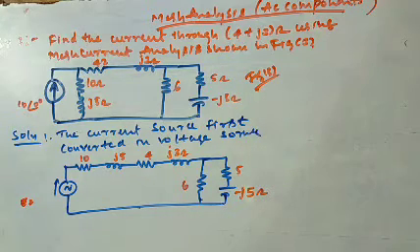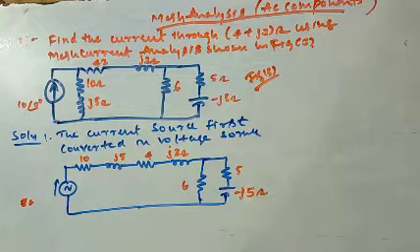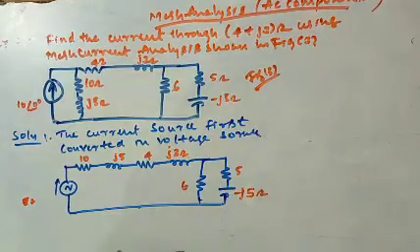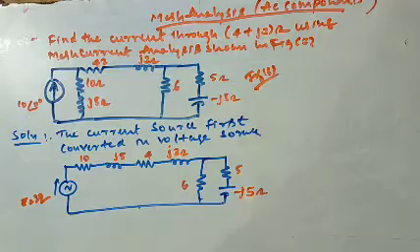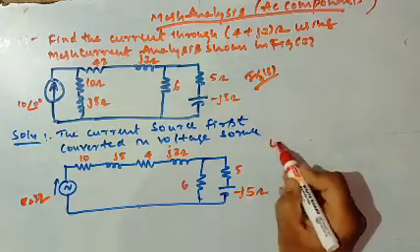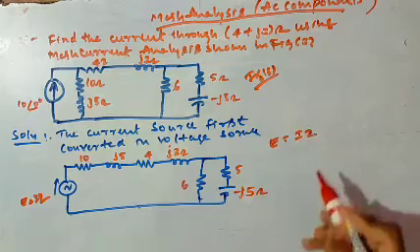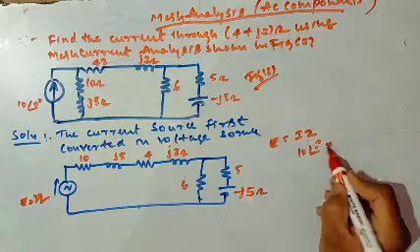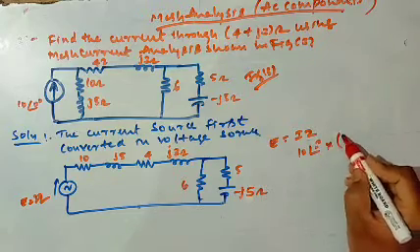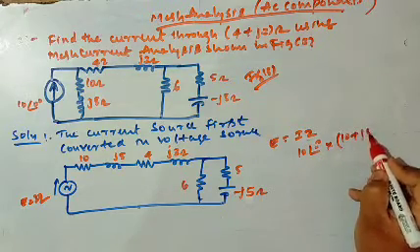We know the formula for the conversion of a current source into a voltage source: E is equal to I into R, or here it is I into Z. I is 10 at an angle of 0 degree, multiplied by the impedance, that is 10 plus J5.